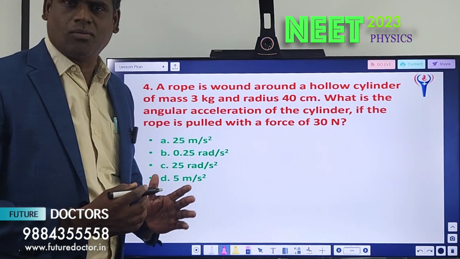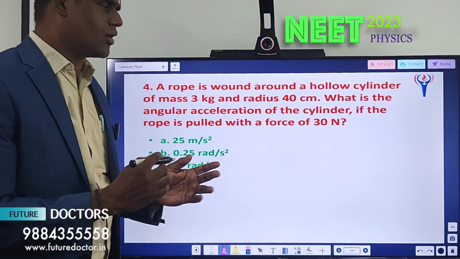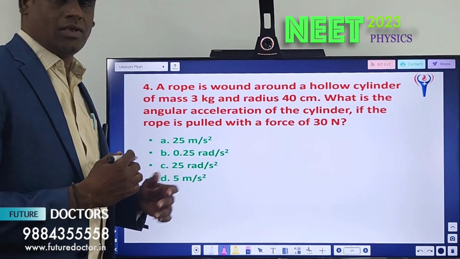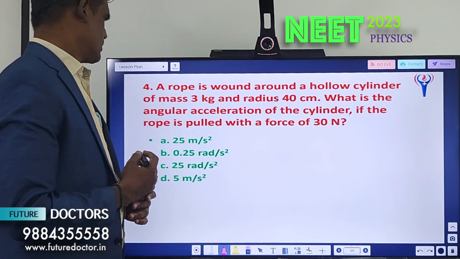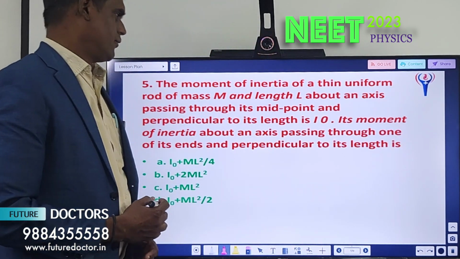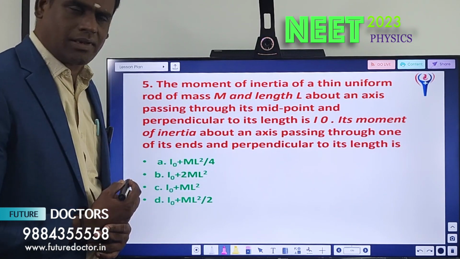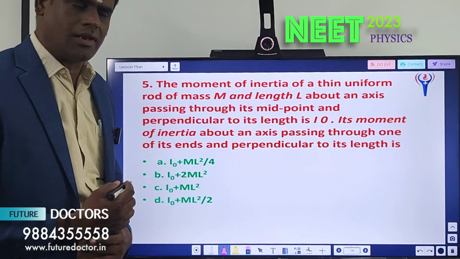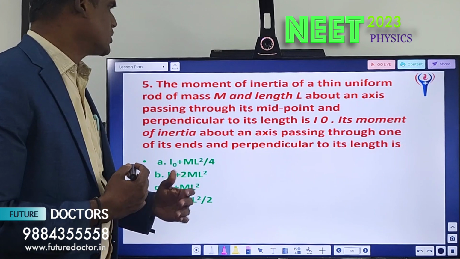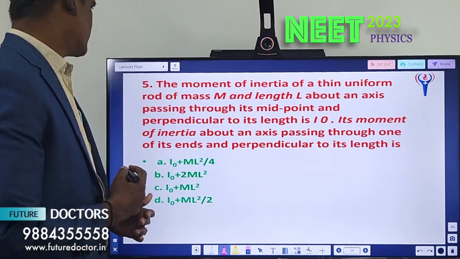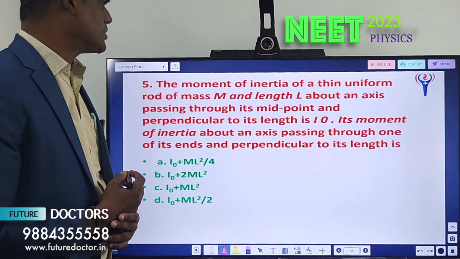By knowing the idea about the rotational motion, that is angular motion, you are able to find the solution for this question. Let's move to question number 5. The moment of inertia of a thin uniform rod of mass capital M and length capital L about an axis passing through its midpoint and perpendicular to its length is I naught.